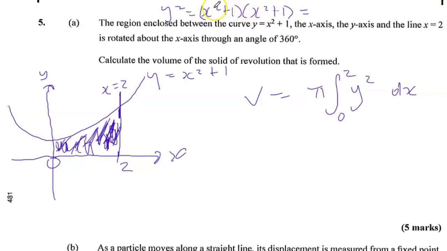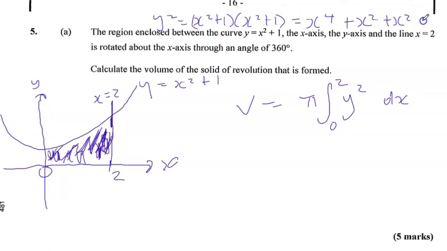So y squared would be, x squared times x squared, that's x to the 4th power. x squared times 1, that's x squared. 1 times x squared, that's x squared again. And 1 times 1, that's positive 1.